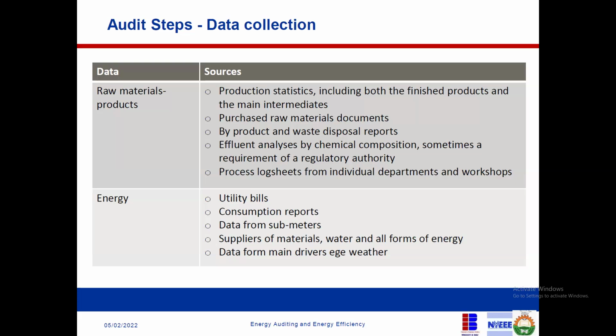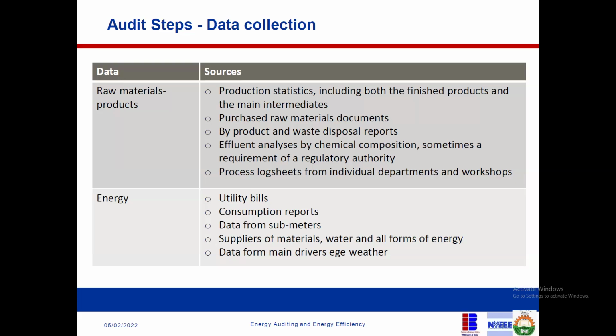Why do you need some of this data? Because in production, based on what we call the law of continuity, what you put in is what you get out. So if I receive 100 tons of materials and I deliver 80 tons, and my energy consumption is X, the day I deliver 200 tons of material, I will expect my energy consumption to be 2X, and so on and so forth.